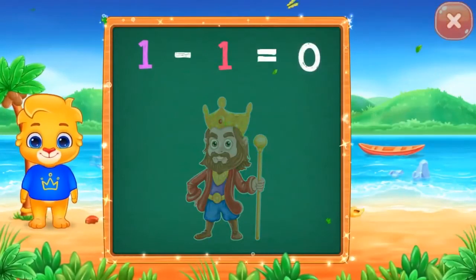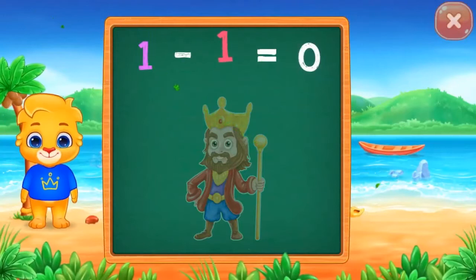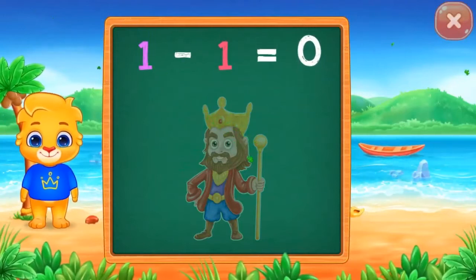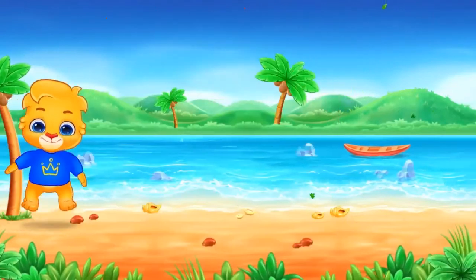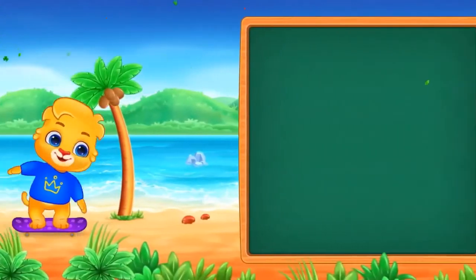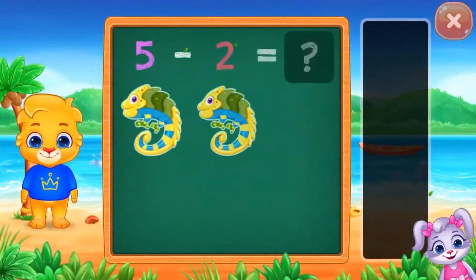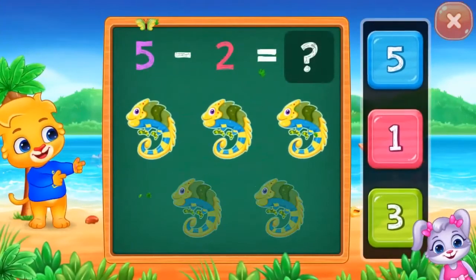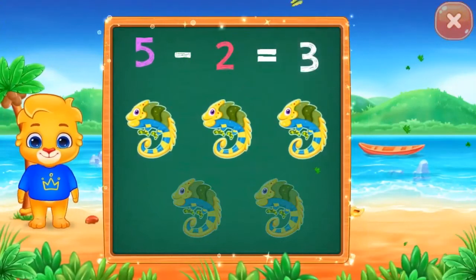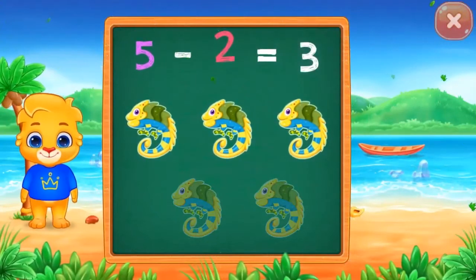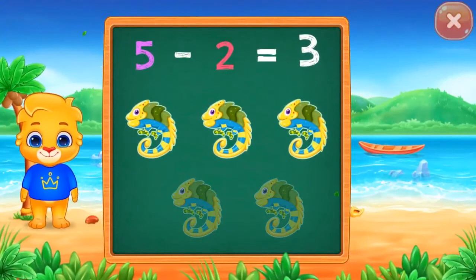Woohoo! 1 minus 1 equals 0! Three! Woohoo! 5 minus 2 equals 3!